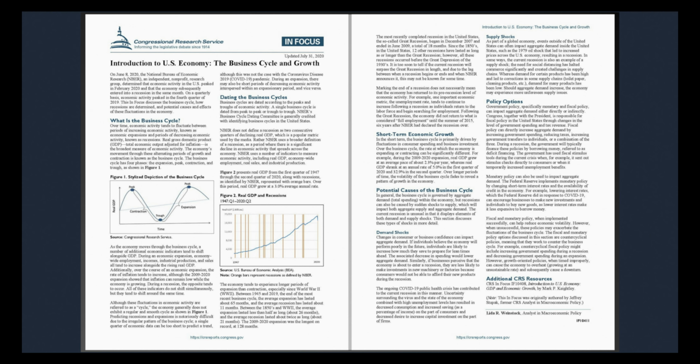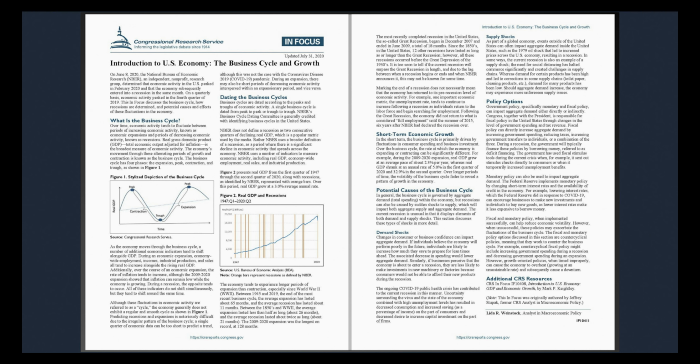During a recession, the opposite tends to occur. All of these indicators do not shift simultaneously, but they tend to shift around the same time. Although these fluctuations in economic activity are referred to as a cycle, the economy generally does not exhibit a regular and smooth cycle as shown in Figure 1. Predicting recessions and expansions is notoriously difficult due to the irregular pattern of the business cycle.